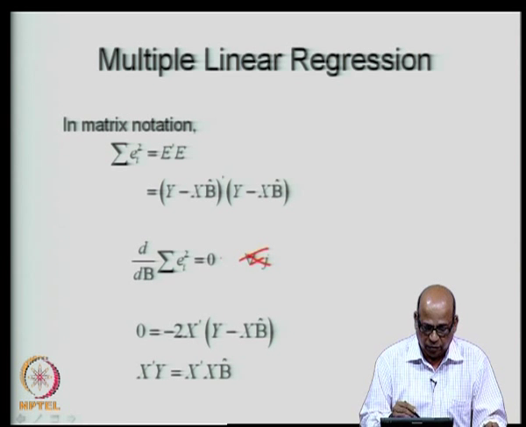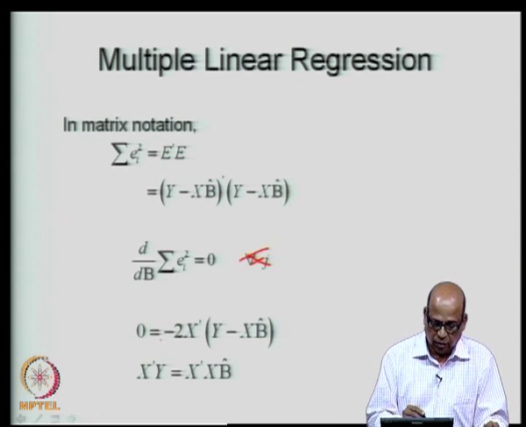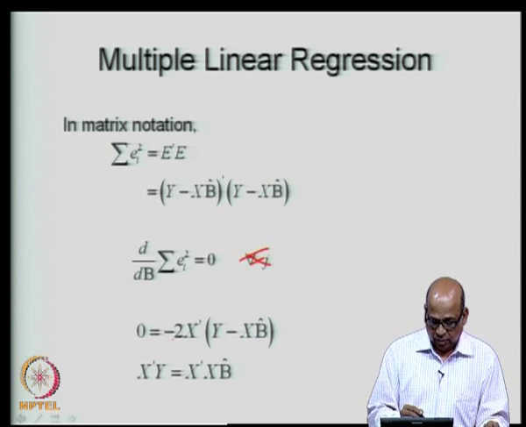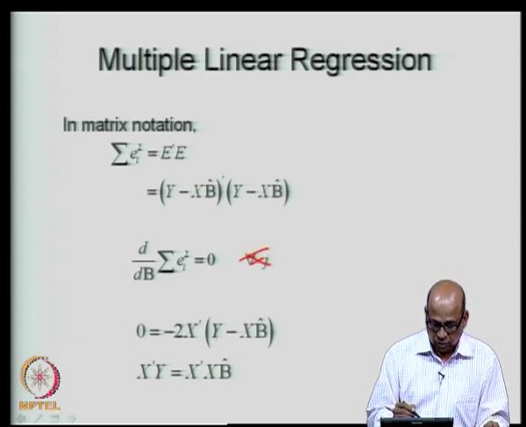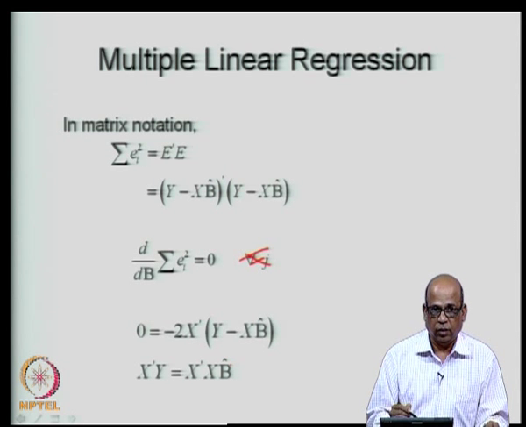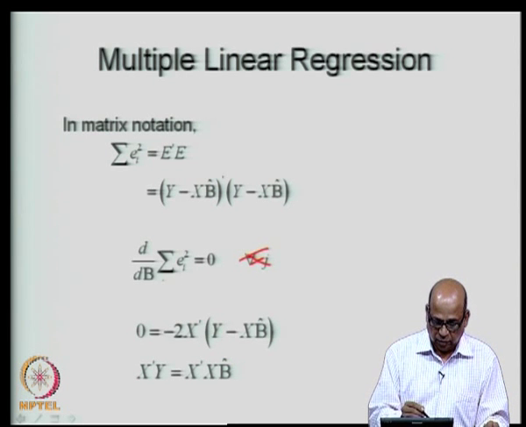So, when I differentiate and equate it to 0, we get minus 2 x prime into y minus x b cap, and this must be equal to 0. So, we write this as x dash y is equal to x dash x beta cap. This is what we get from the requirement that d by db of sigma E I square is equal to 0. Sigma E I square is written in matrix form as shown.